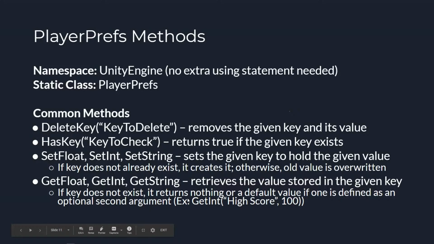So for example, if you wanted to get int high score and you put 100 here, it would say, if there is no saved high score already, then just return 100 as the high score. So if something doesn't exist already, here's the default value for that preference.